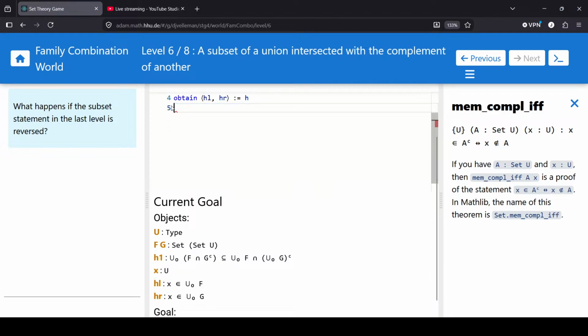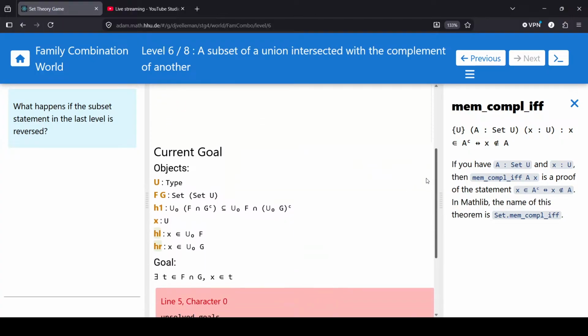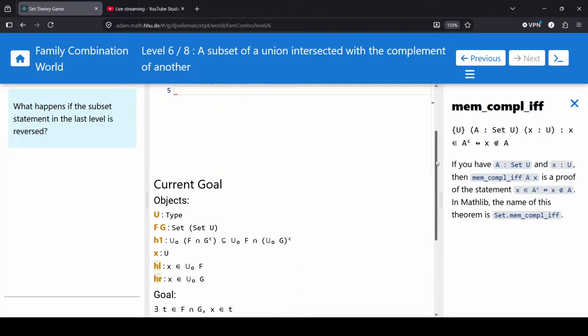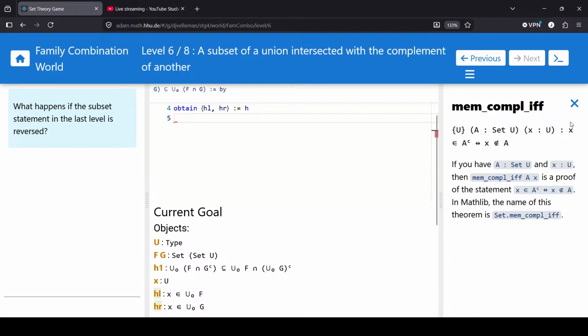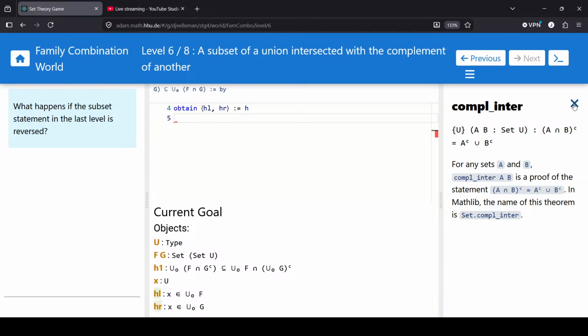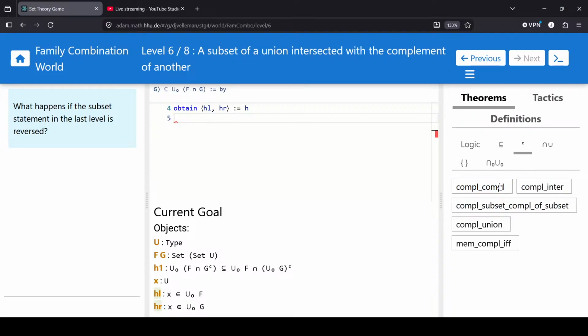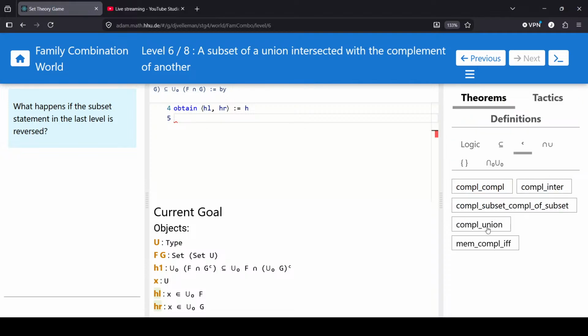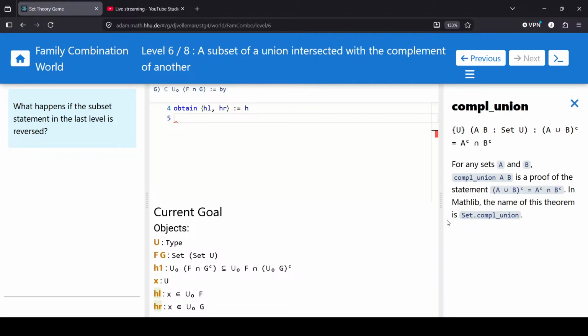We went all the way back to here. Yeah, I'm going to try compl here, I think, because I don't have any other ideas. Hey, there's also compl inter. Is there compl union? There's compl union.